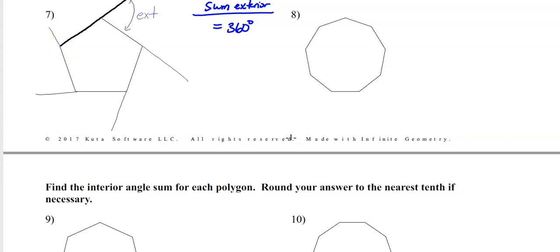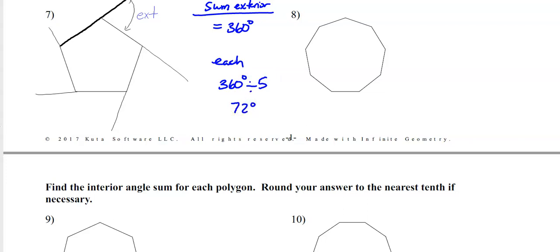So if I want to find each angle separately, maybe I'll go a little fatter marker here. If I want to do each one separately, I just take 360 degrees and divide it by 5 outside angles. And that's going to give me 72 degrees.